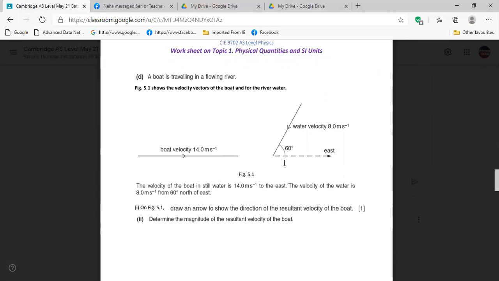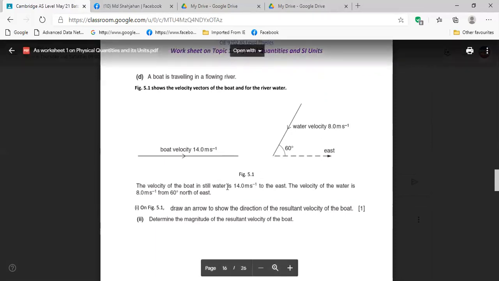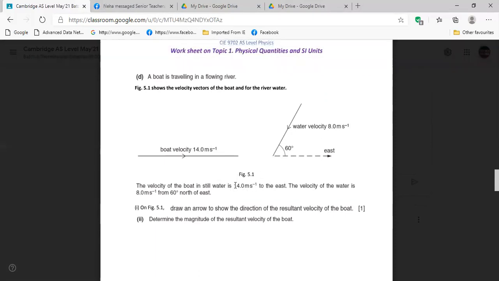So you can show your velocity here, the boat velocity on the x-axis, where it is shown east, and the water velocity, the direction is already given. So this one's magnitude is 8, and this one's magnitude is 14.